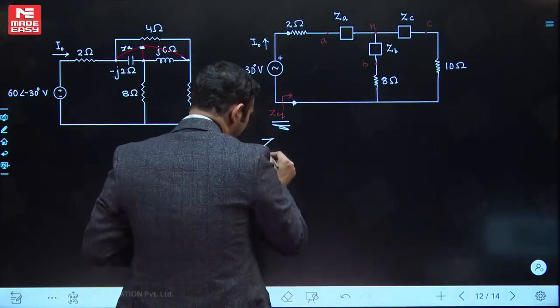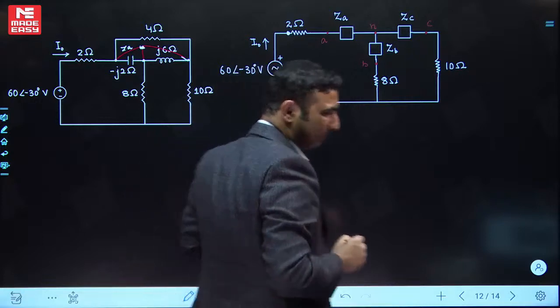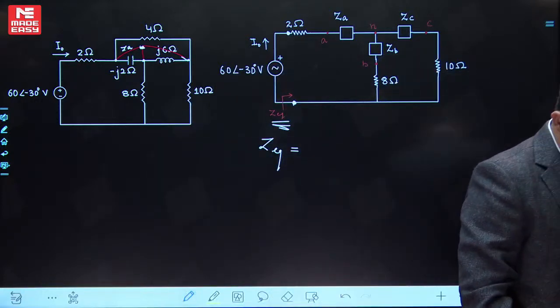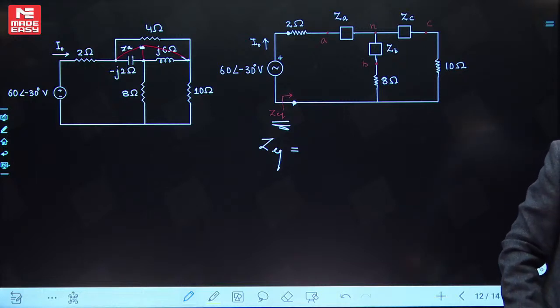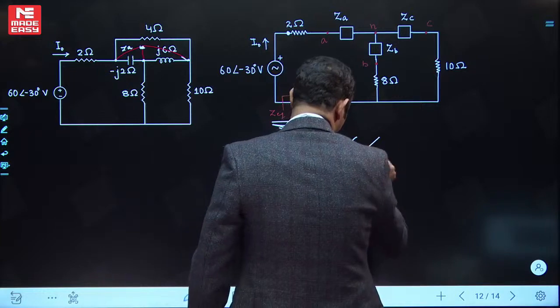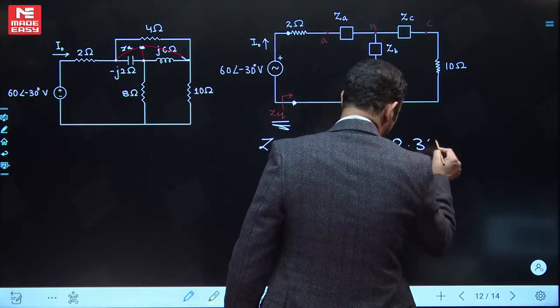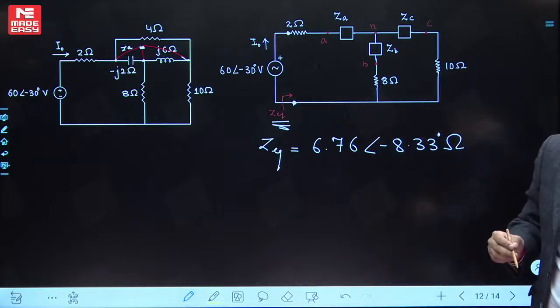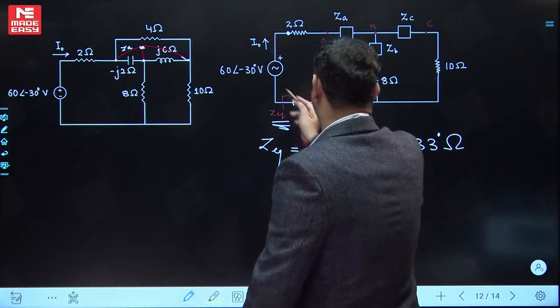Z equivalent finally will be 6.76 at an angle of minus 8.33 degrees ohms. This will be Z equivalent, and then finally I naught, which will be voltage upon Z equivalent.